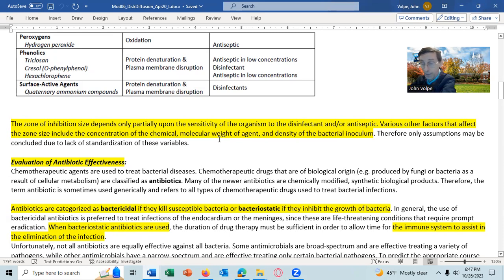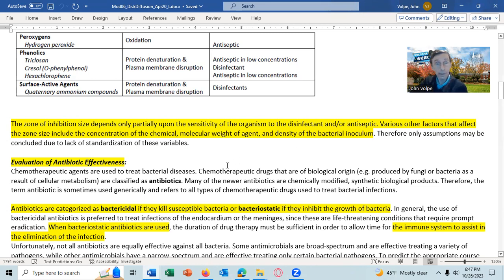The smaller the molecular weight of the chemical, the larger the zone of inhibition. And the density of the bacterial inoculum. Generally, the heavier the density, the smaller the size of the zone of inhibition. Any question about any of that? So the size of the zone of inhibition is dependent upon a number of factors, including how sensitive the bacteria is to that chemical agent.